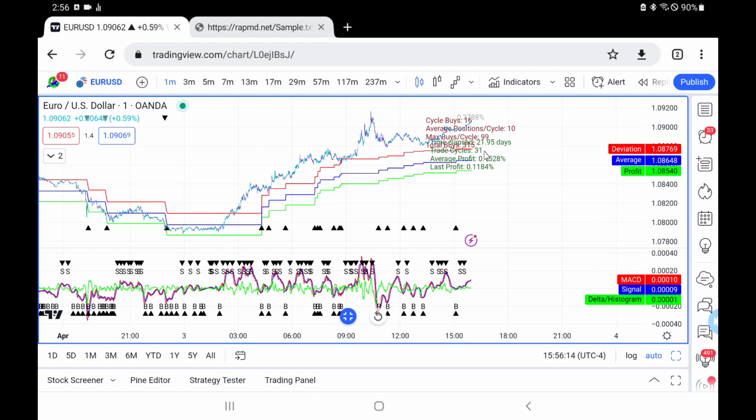And it accomplished 31 trade cycles in that 21 days, with an average profit of 0.15%. And the last profit, the last completed trade, was 0.11% profit. Very simple, very elegant, very easy to work with.